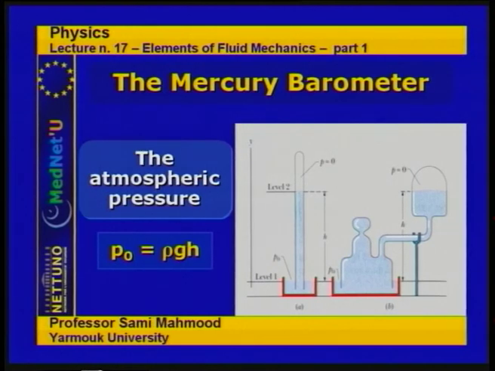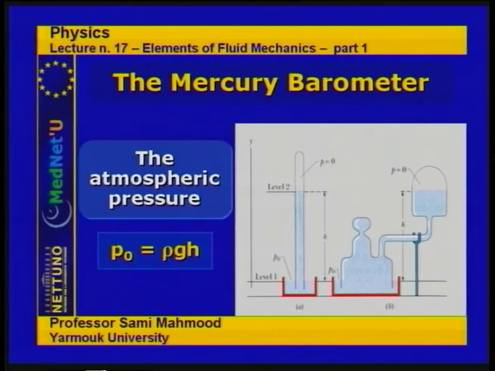So the level of mercury inside the tube will go down until the pressure at the point in level 1 in the dish, at the interface between the mercury in the dish and the atmosphere, is at equilibrium.